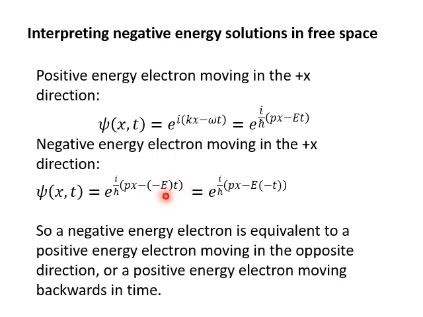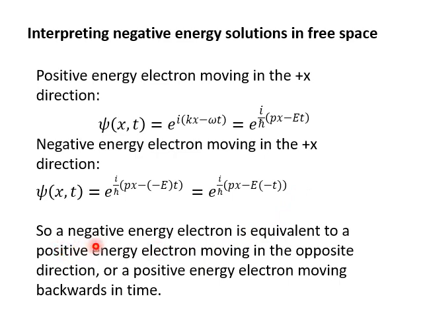There are two ways to look at this. One is that these two negatives cancel one another out, and that's a positive energy particle traveling in the opposite direction. So same equation, same form of solution, where the negative energy particle behaves like a particle that's traveling in the opposite direction from the solution moving in the plus x direction.